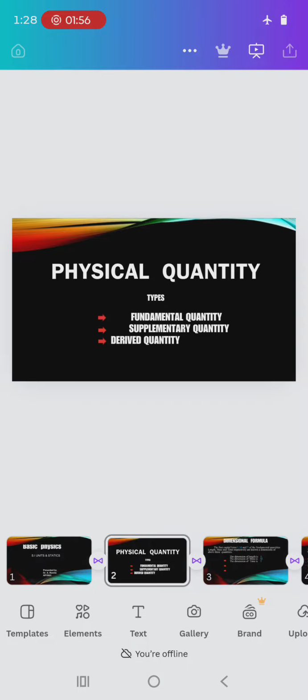These are the basic fundamental quantities. But in general, there are seven fundamental quantities: length, mass, time, electric current, temperature, luminous intensity, amount of substance. These are the seven fundamental quantities.